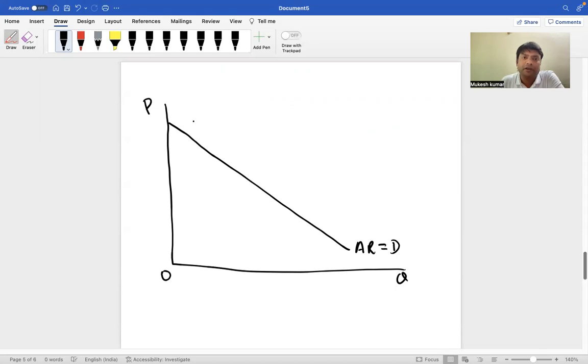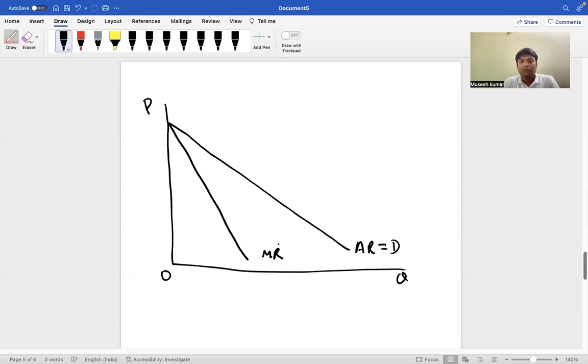But in case of the monopoly, average revenue is here, and marginal revenue is like that, less than the average revenue.